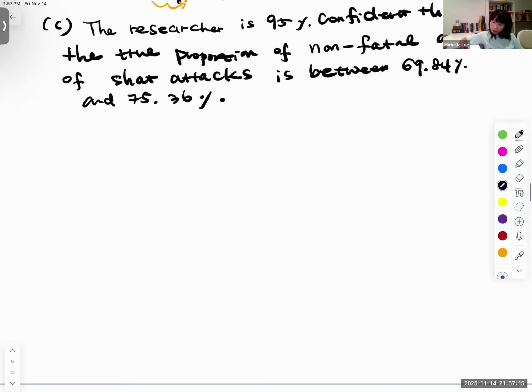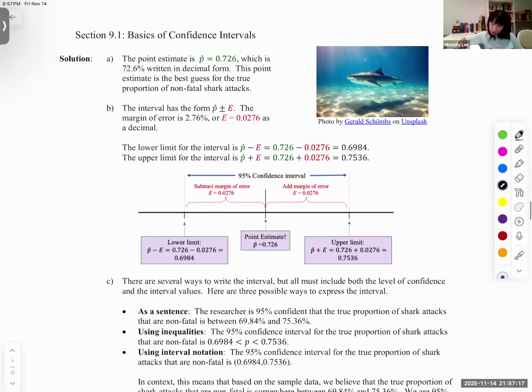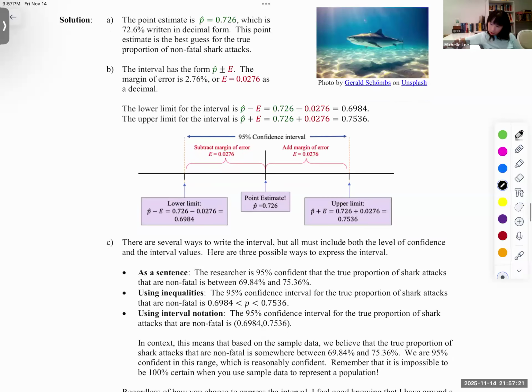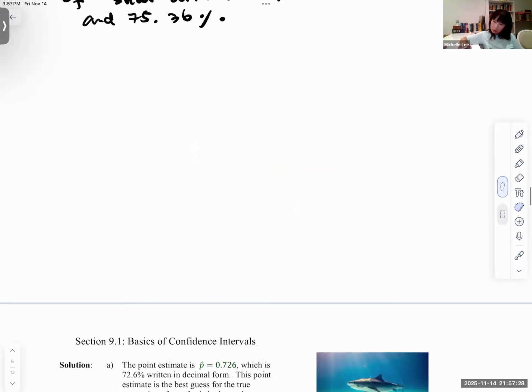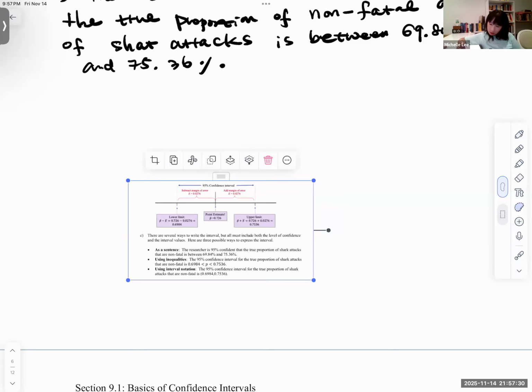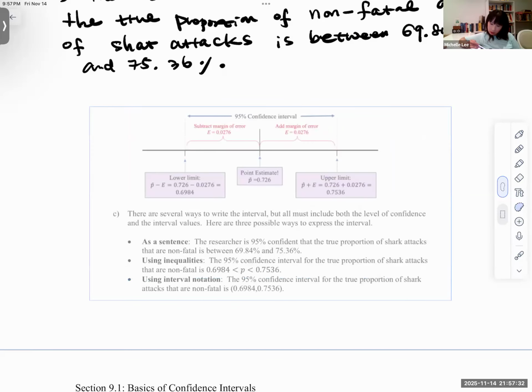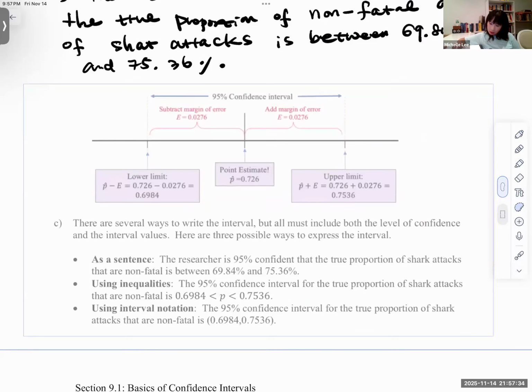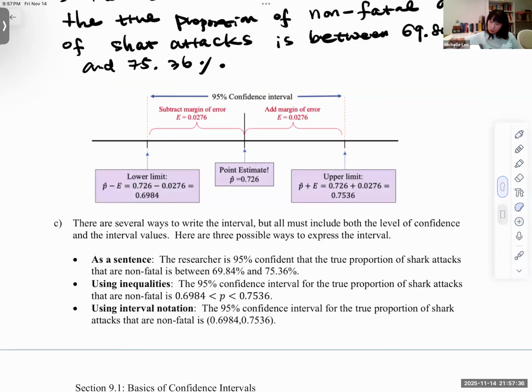Let's check. Here's a nice picture. In the middle, we have p hat, which is the point estimate, and on the left hand we have the lower limit, and on the right hand the upper limit.